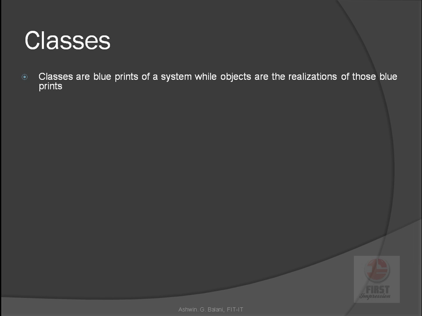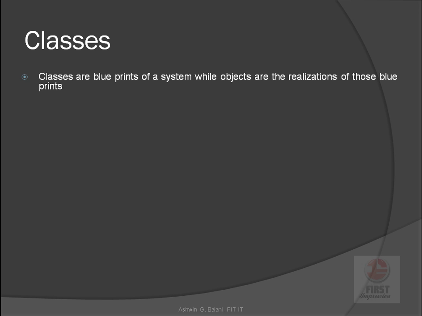Now, if we are imagining a green ball with a plastic material and of say 2 centimeter radius, then the green color, the plastic material and the 2 centimeter radius are the properties of this class. So if we create such a ball, that ball is called an object of the class ball.